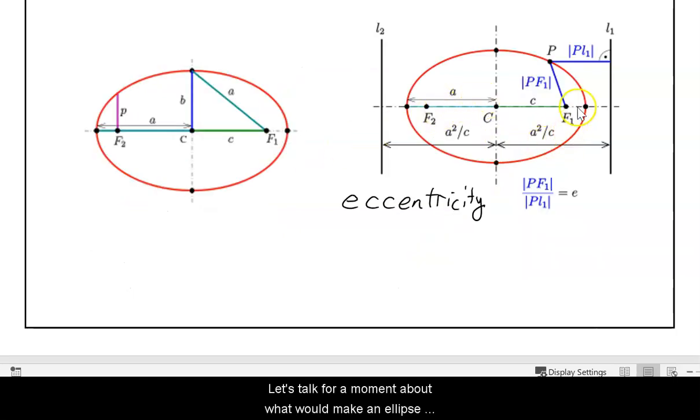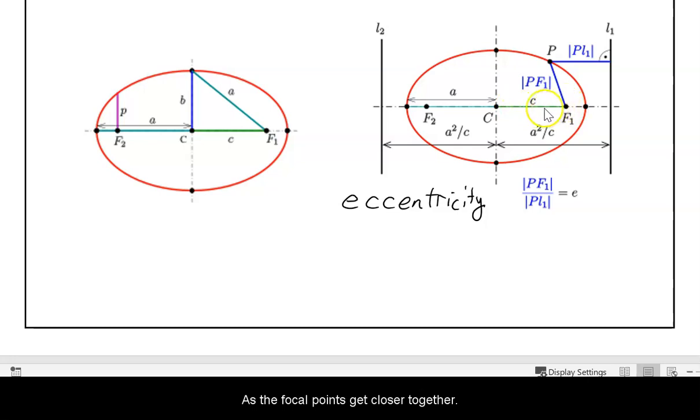Let's talk for a moment about what would make an ellipse become more circular. Well, if I could sort of squeeze the sides in, then the focal points would have to come closer to the center. In point of fact, a circle is an ellipse where the two focal points coincide at the center. In other words, the focal points are at the center. Now, in that case, what's happening to the directrix lines?